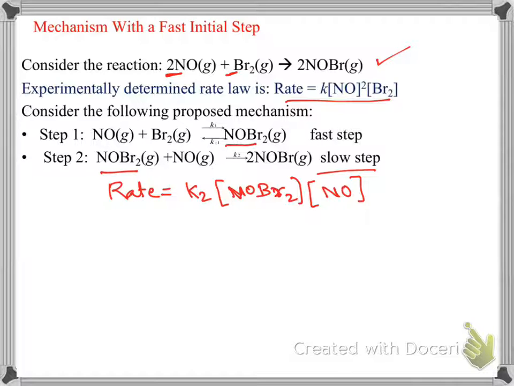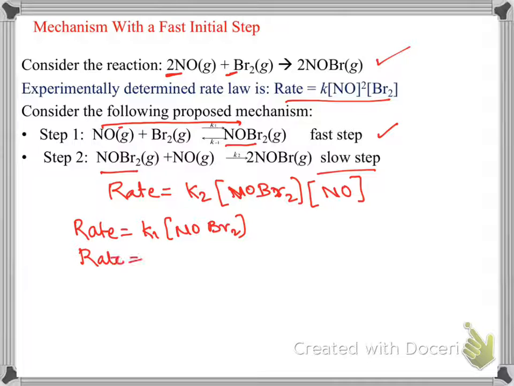So what I'm going to do, using the first step, I'm going to write down the rate for the forward reaction and the backward reaction. Sorry, for the forward reaction, rate equals k1 times [NO] times [Br2].